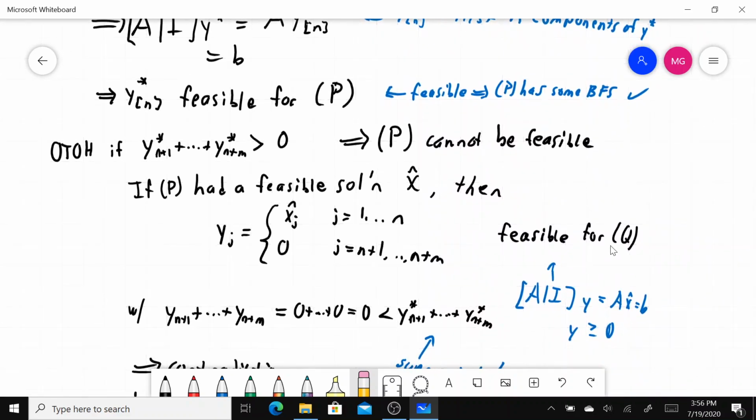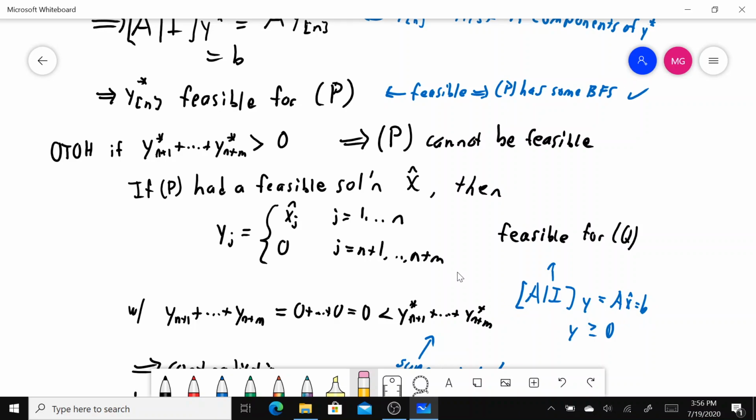That's feasible for Q because A appended by the identity matrix times y: the last m components of y are zeros, so the identity matrix columns will vanish when you take this linear combination of the columns, and you're just left with A times the first n components of y. Those are the components of x hat, so that's A times x hat, which we already know is b. So A appended by I times y equals b, and it satisfies that constraint.